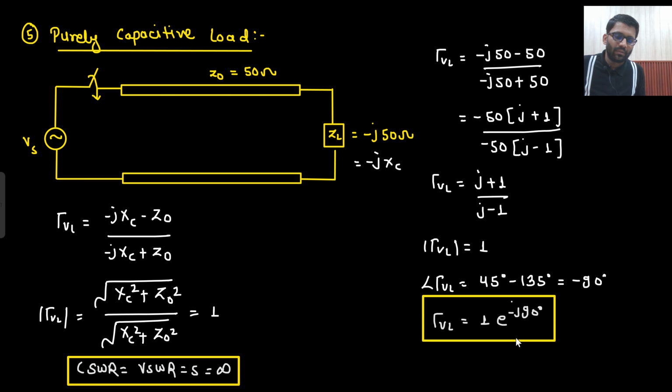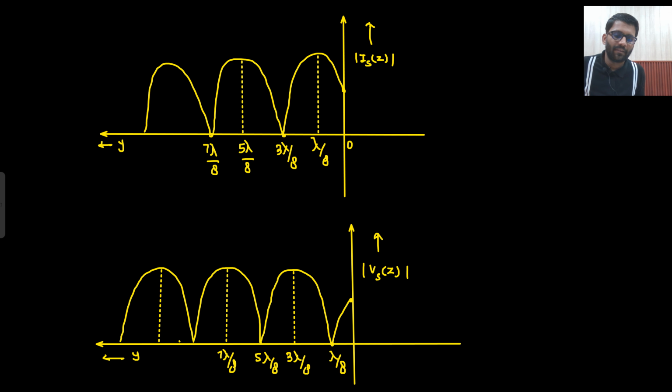So magnitude is 1, and angle is e to the power minus j90, okay, and e to the power minus j beta y, and certainly v naught plus will also come, so that I cannot forget. So v naught plus e to the power j beta y, 1 plus e to the power minus j90 e to the power minus 2j beta y, okay.